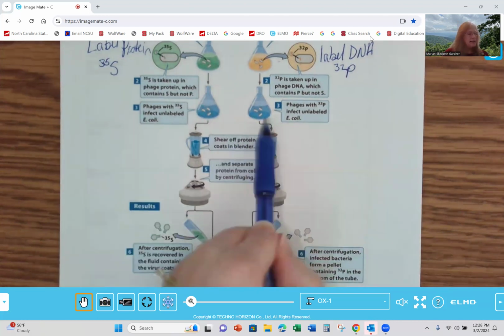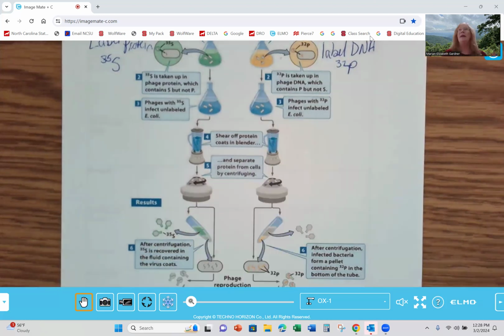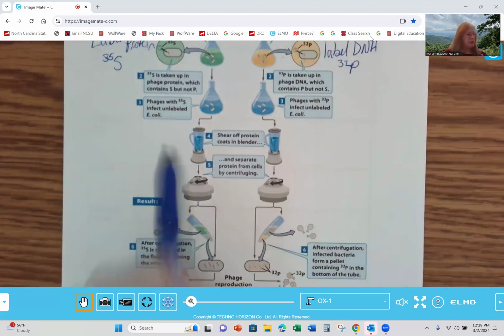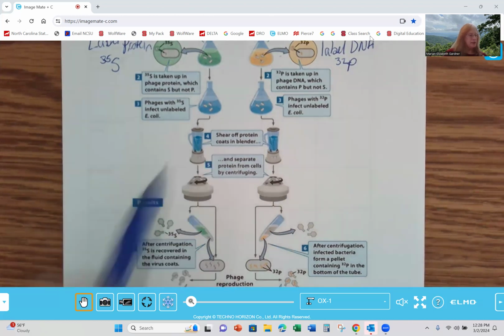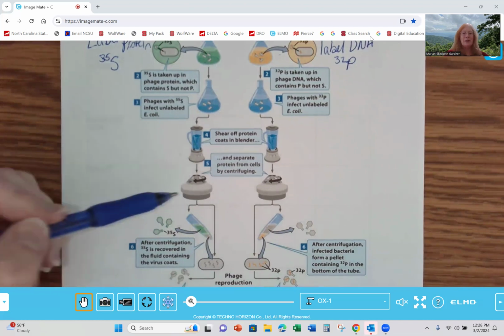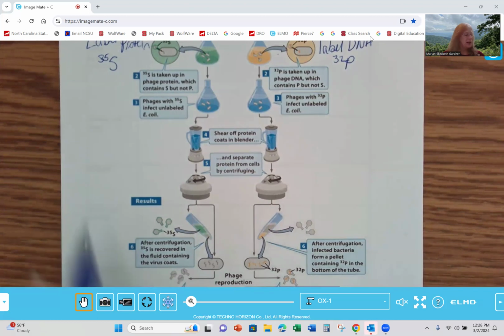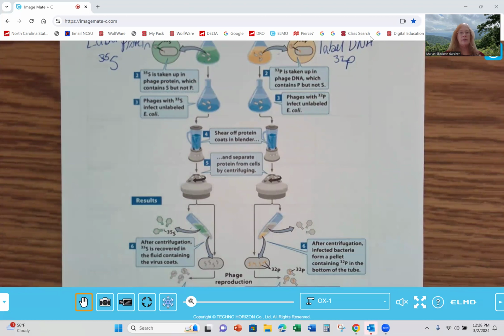And then, as soon as infection could occur, but before the bacteria were lysed, they sheared off whatever would be outside of the bacteria by putting them in a blender, and separated the cells from the culture media. And then they looked to see where was the radioactivity. The S35 radioactivity was in the fluid around the cells, and the P32 radioactivity was in the cells themselves.